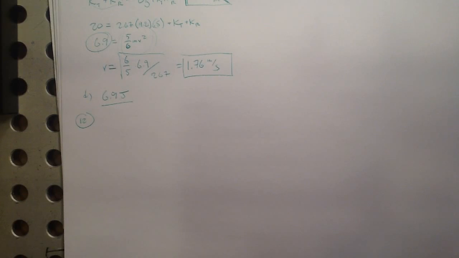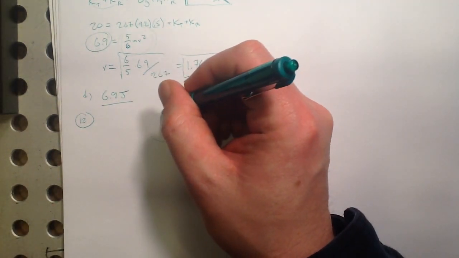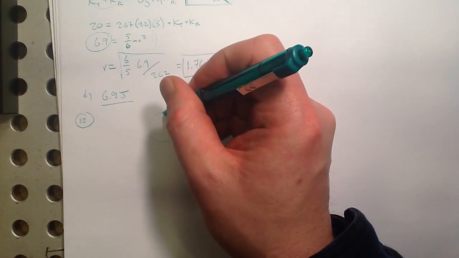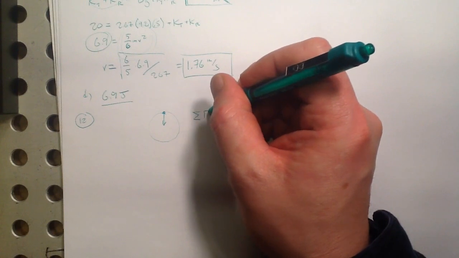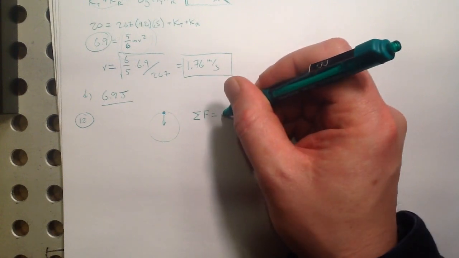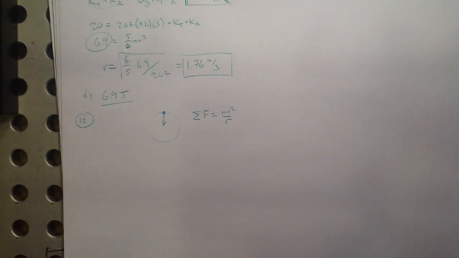what we know about this kind of situation, the borderline situation where it's just going to barely make it through the track, that's the situation. We know that if something's moving in a circular path, like at the top of the circle here, there must be an unbalanced force toward the center of the circle, and that unbalanced force must equal mv squared over R, right?